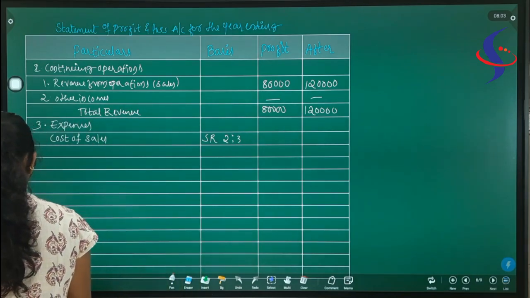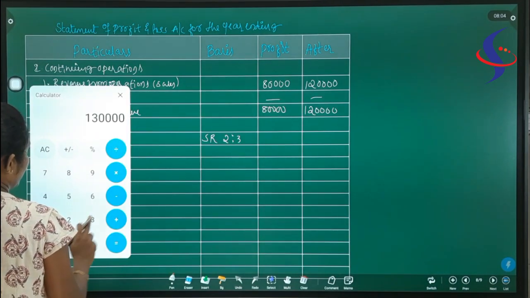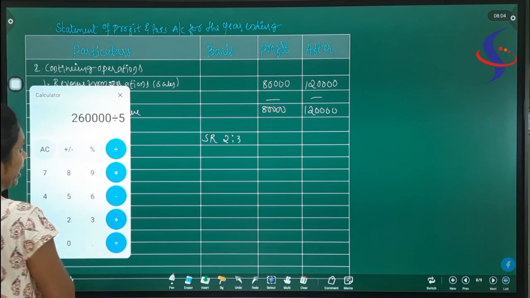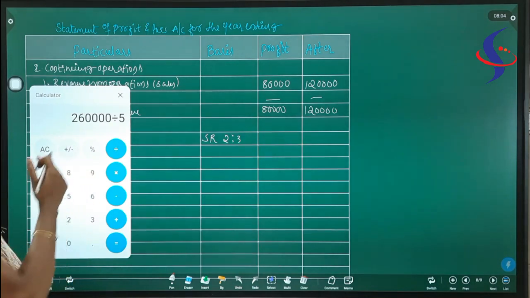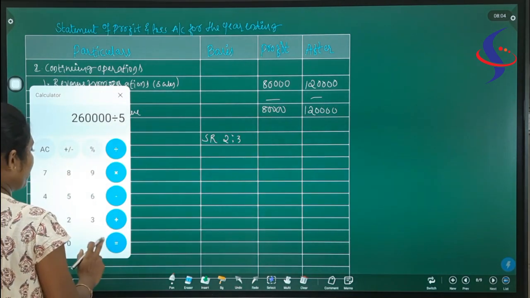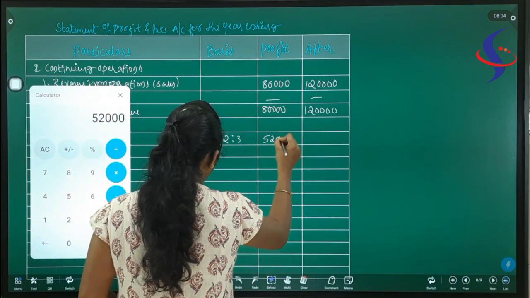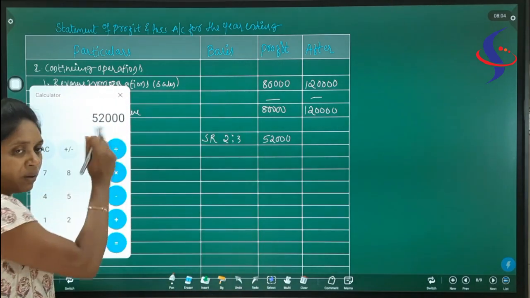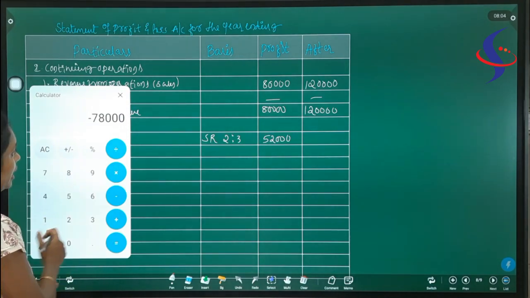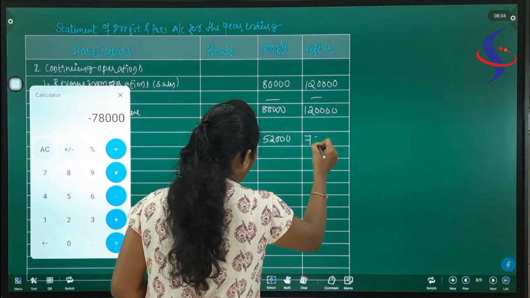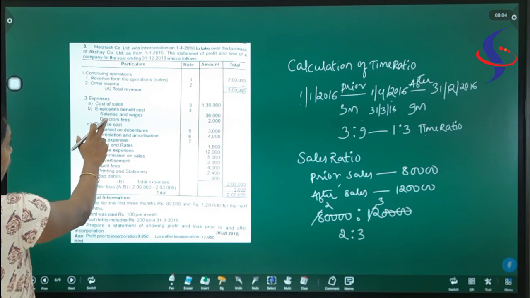We should divide 1,30,000 using the calculator: 1,30,000 into 2 divided by 5. 2/5 portion goes to prior period, 3/5 portion goes to after period. How much will it come? 52,000. For the after period you don't calculate, just remove this value from the total and you get the remaining. The total is 130; 130 minus 52 will be after, 78,000.